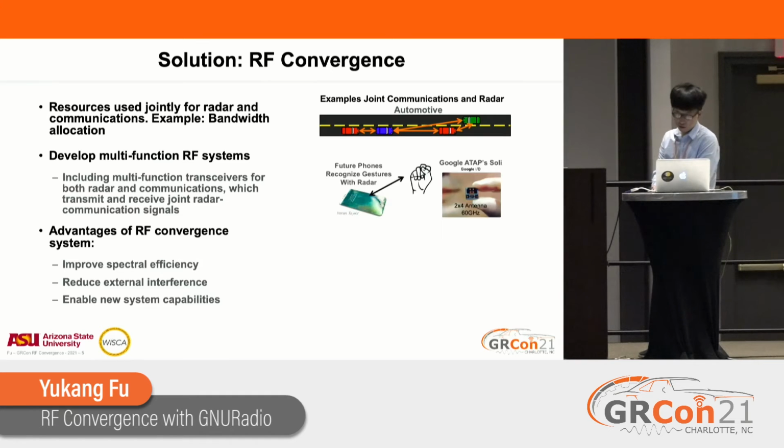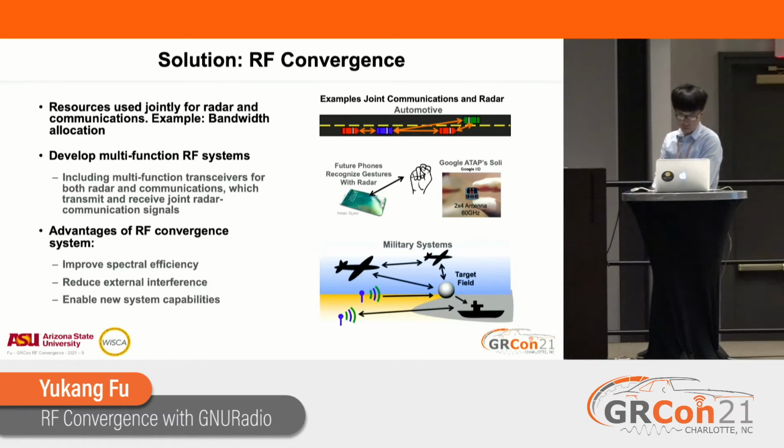Next example is Google's idea of ATAP's Soli, still under development. It uses a 2x4 antenna as a radar to recognize gestures while talking with another user. For military systems, planes can send and receive radar signals while communicating with other units using the multifunction receiver.